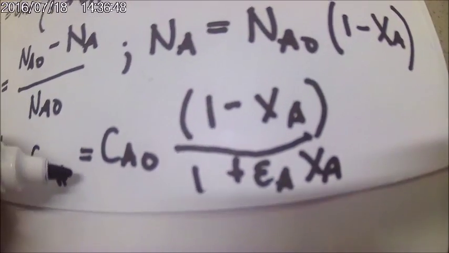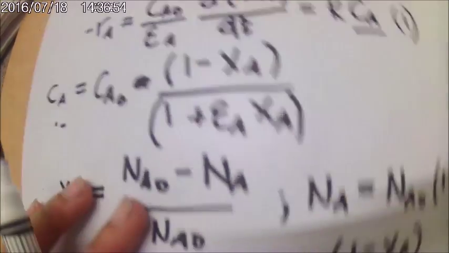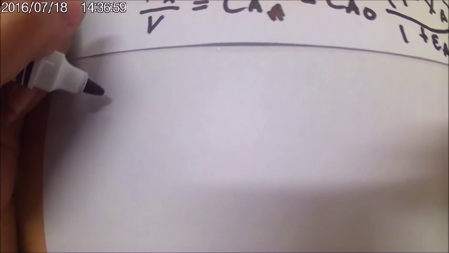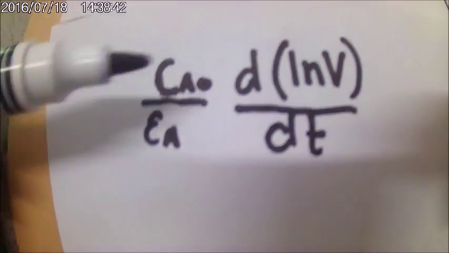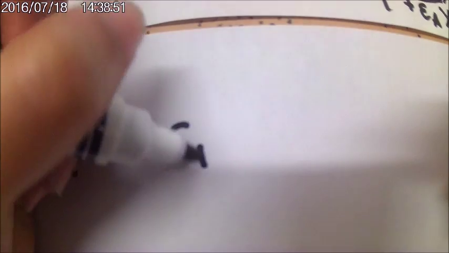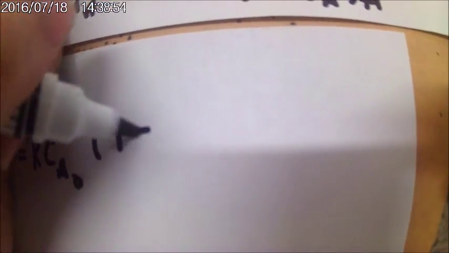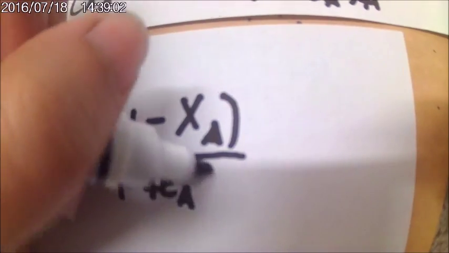Substituting this value of CA into equation 1, we get CA naught over epsilon A times d of ln V over dt equals k CA naught times 1 minus XA over 1 plus epsilon A XA.